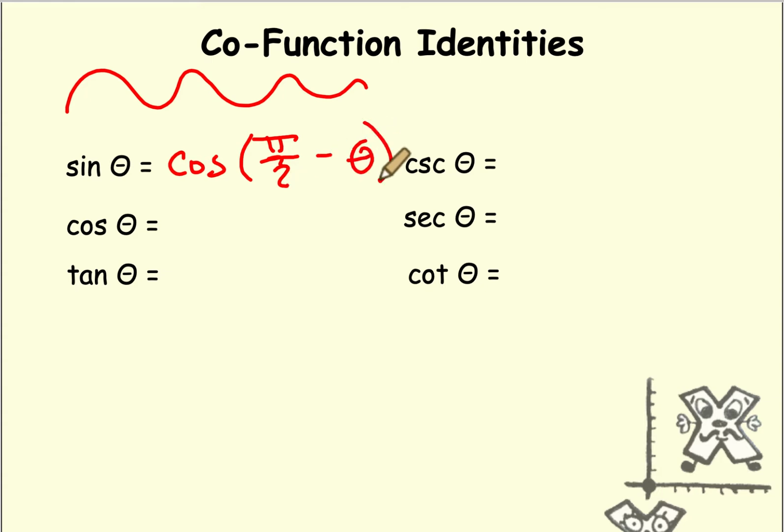And what that does is, theta is like our x. And if I factored out a -1, it's a phase shift of right pi over 2 and a reflection over the x-axis. So cosine of pi over 2 minus theta equals sine of theta.